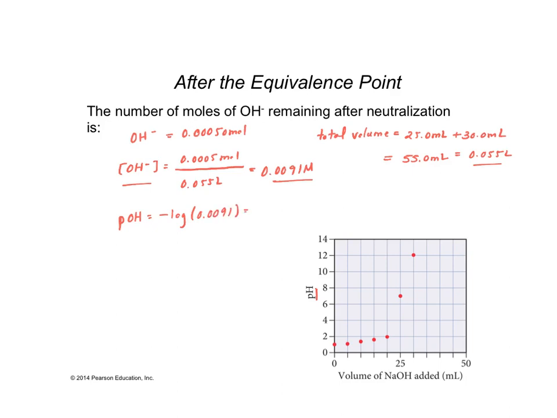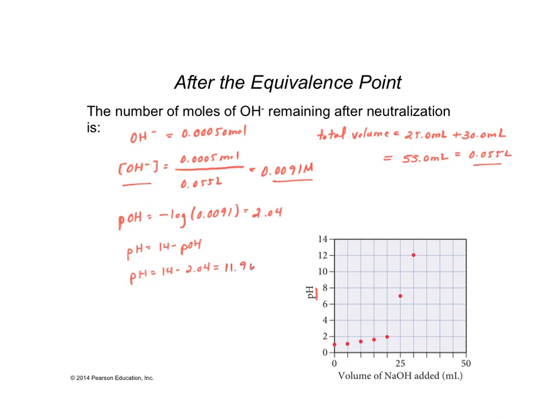That's going to give me a value equal to 2.04. And then I also know that pH is equal to 14 minus pOH. So I'm going to utilize that relationship to calculate pH. So 14 minus 2.04 gives me a pH here equal to 11.96.